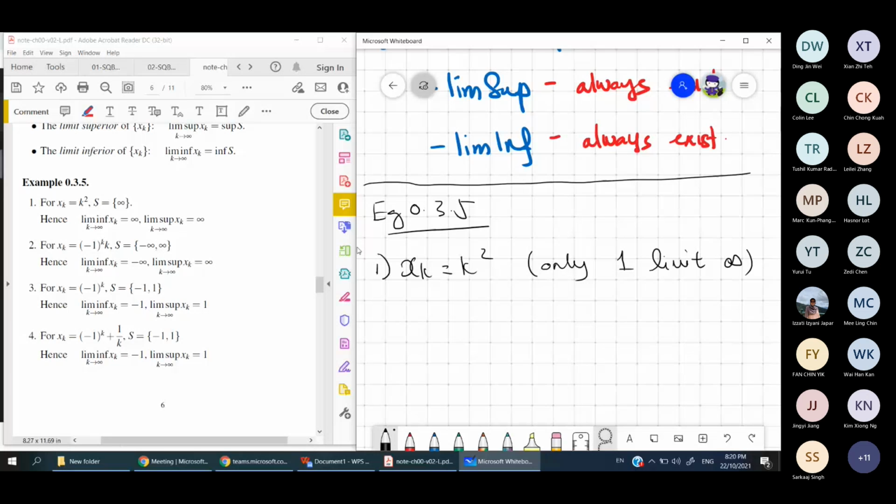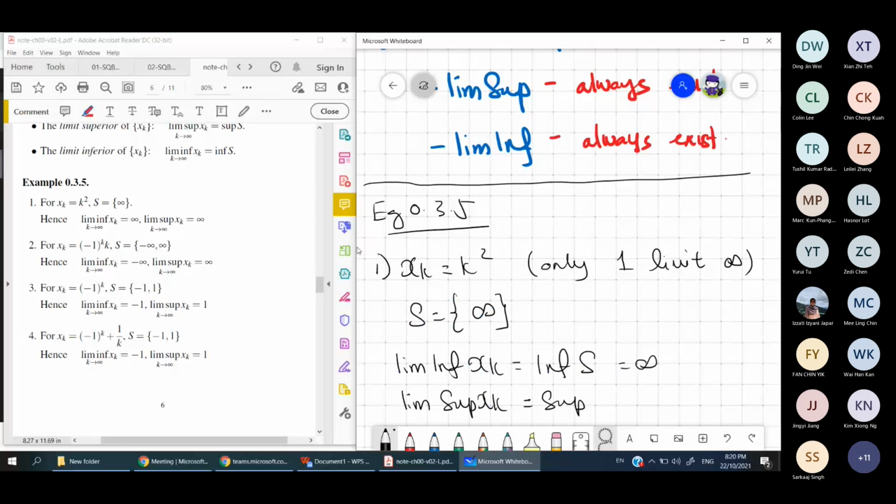So in this case, S will contain only infinity. Since there is only one element, the limit infimum of x_k, which is the infimum of S, must be infinity. The limit supremum of x_k is the supremum of S, so that must also be infinity.